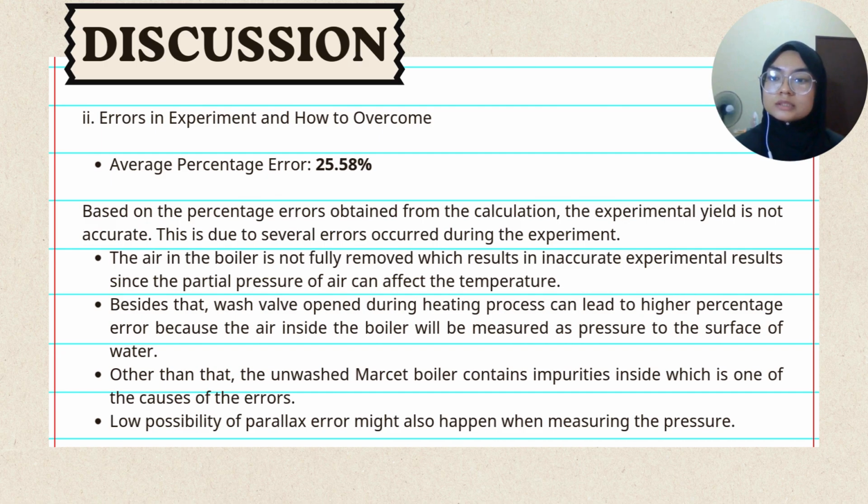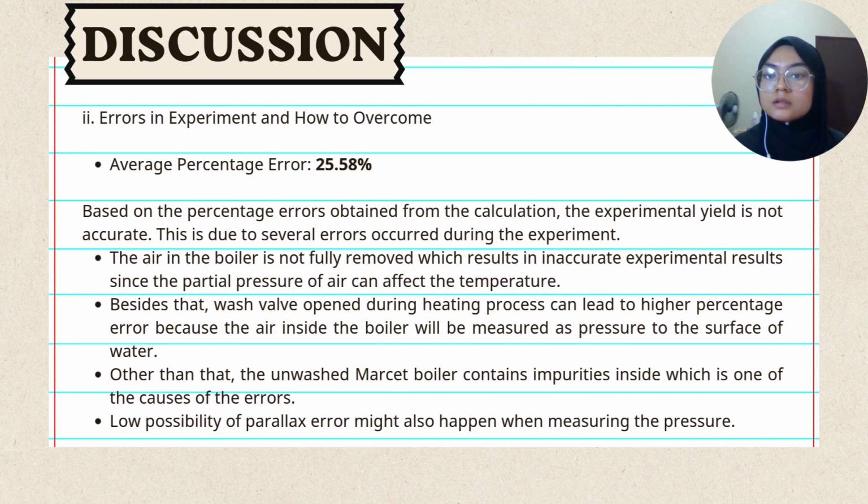Based on this data, we can conclude that our experimental yield is not quite accurate, and this is mainly due to several errors that occurred during the experiment. The first one is the air in the boiler that is not fully removed, which can result in inaccurate experimental results since the partial pressure of the air can also affect the temperature within the Marcet boiler.